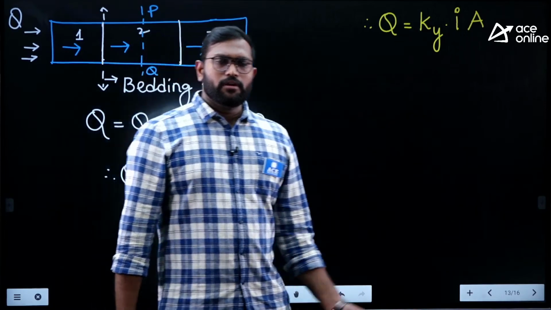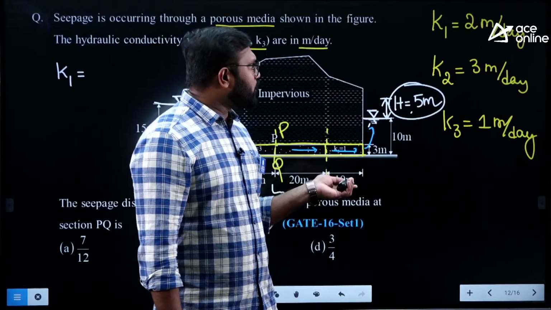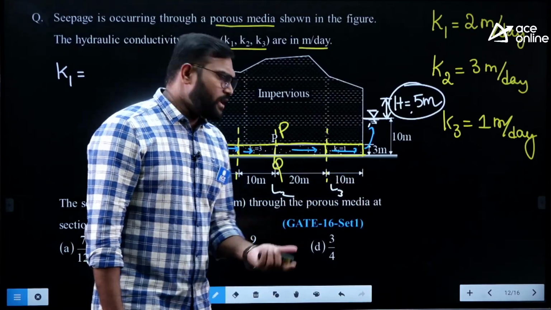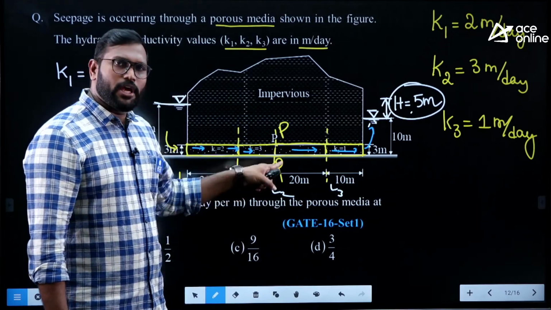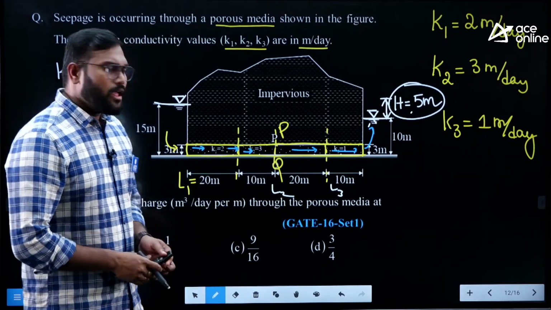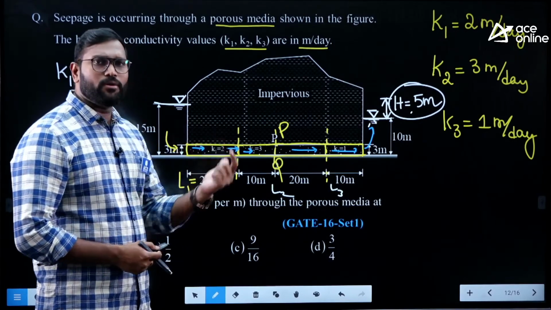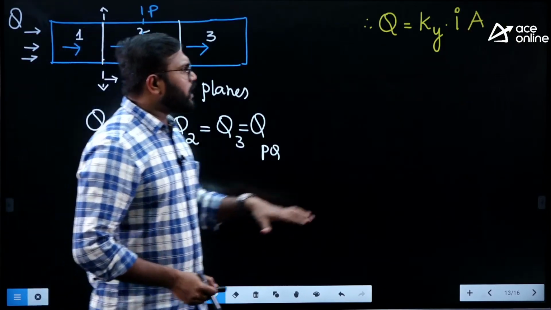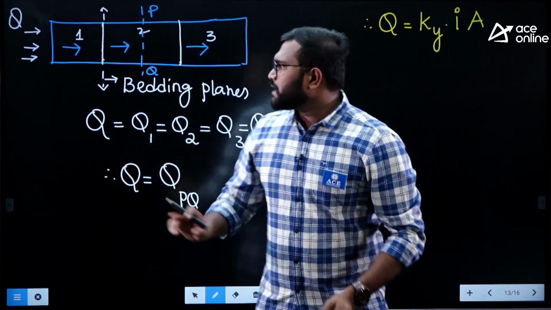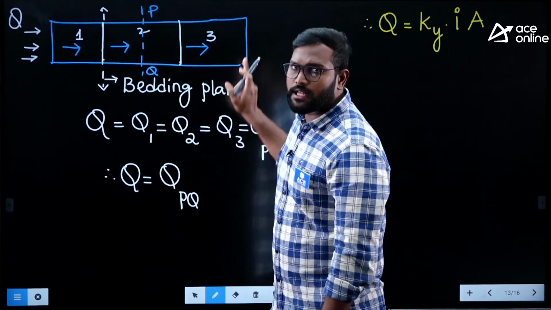If I want to find out, I can write it as K1 i1 A1, K2 i2 A2. But do I know the head loss, especially in soil 1? I don't know. So the reason is I'll find out the average permeability of all the soils.